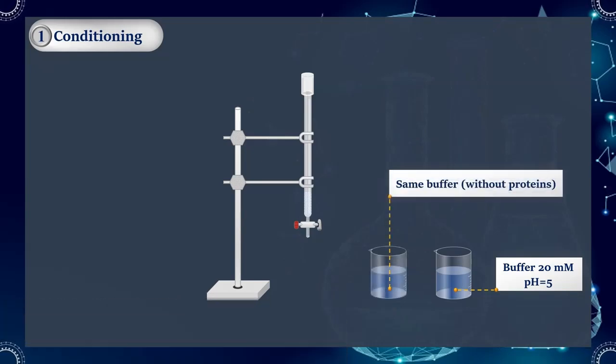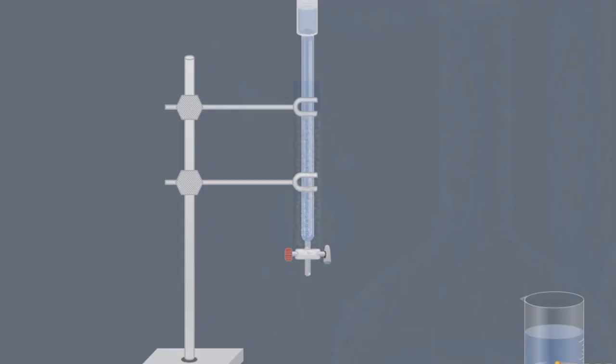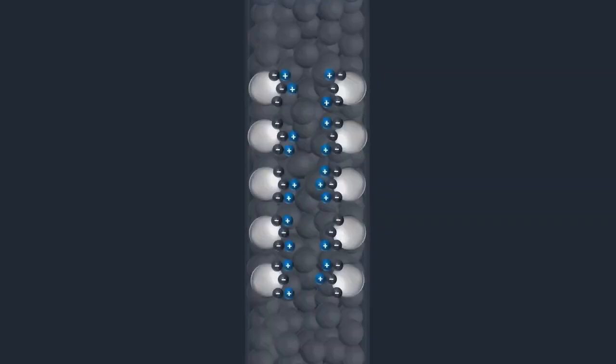Therefore, the same buffer is used for the equilibration of the stationary phase. When equilibrium is reached, all stationary phase charge groups are bound with exchangeable counterions such as chloride or sodium. When the column is equilibrated, the second step is sample application.